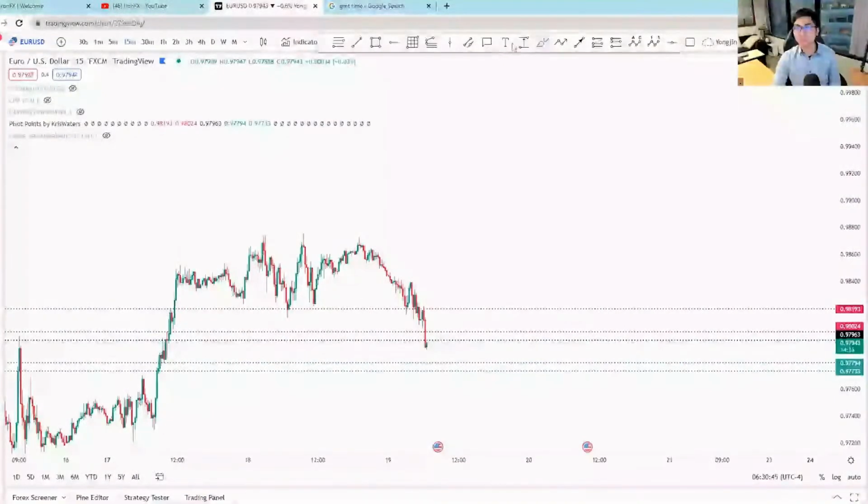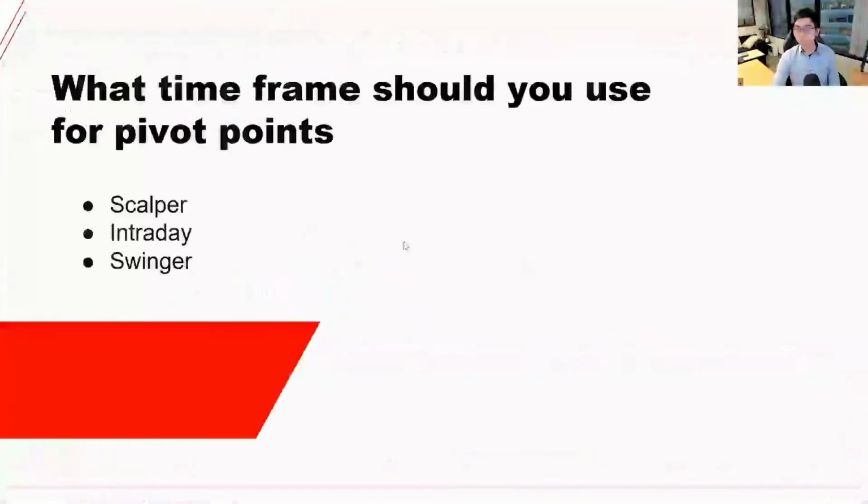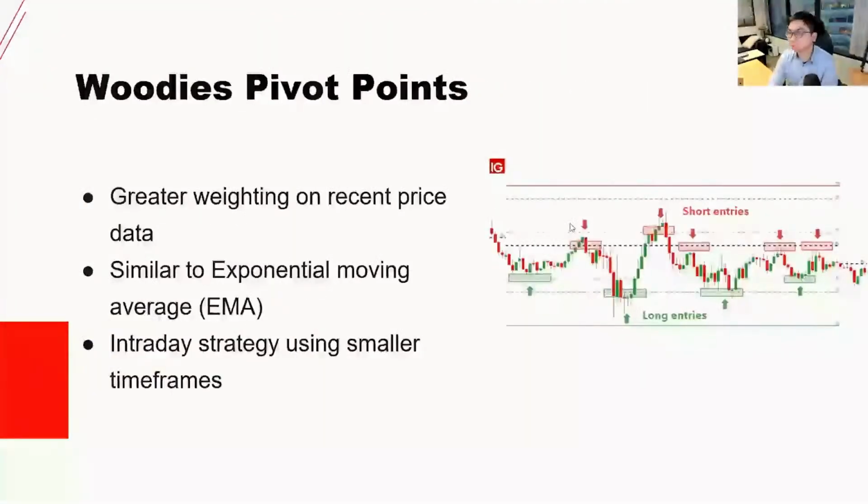Okay, for Woody's pivot lines, just like the pivot points, they like to sell. Where are they selling? They're selling at the first resistance downwards, or they long it from the second support or the first support. My personal thoughts about entering like that, just by entering, oh, I have a buy limit set here, buy limit set here, stop loss below: the thing is, I take it as some kind of gambling.